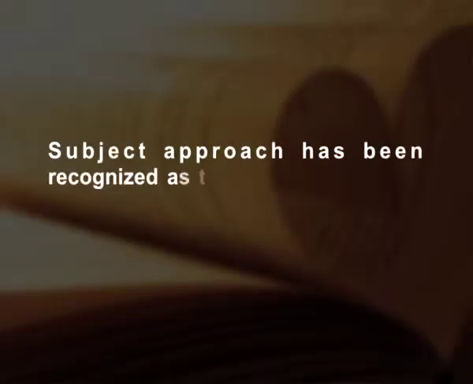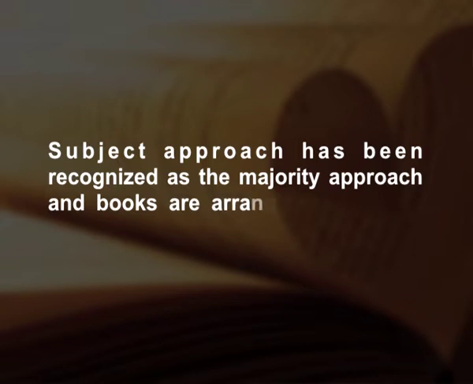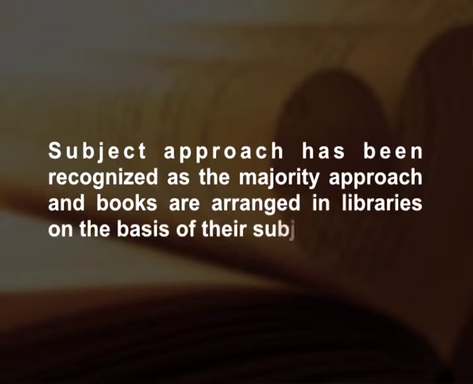Author approach or title approach is possible only if the document is familiar to the reader. In a library collection, books which are unknown to the reader will be more in number in any subject. Therefore, only subject approach is possible in such cases. Hence, subject approach has been recognized as a majority approach and books are arranged in libraries on the basis of their subject content.